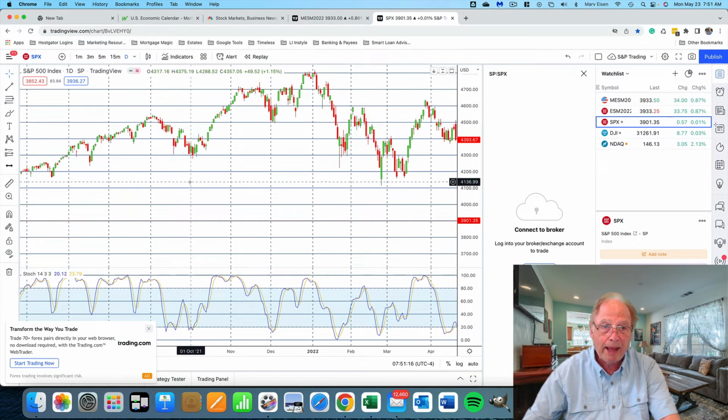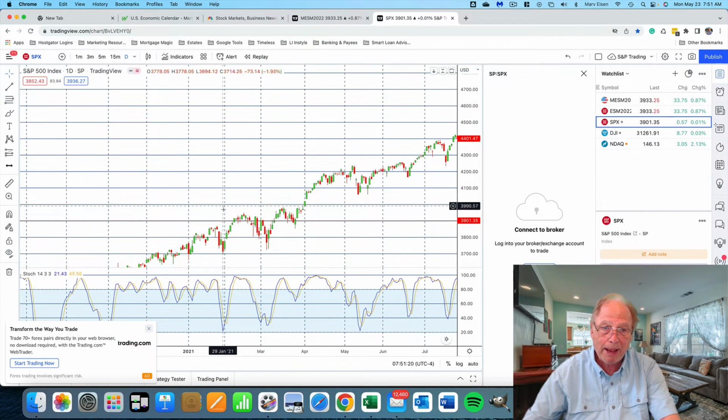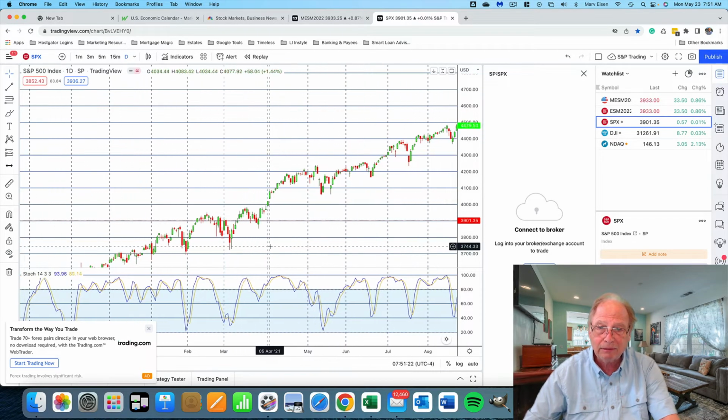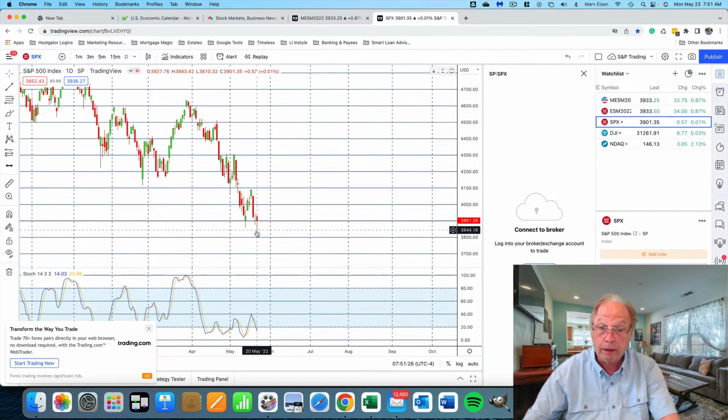But other than that, you have to go all the way back, and even then, I don't see a candle with the configuration of that. So this is a strong defense of the S&P by the bulls. So will that hold today? It's likely. This is a pretty strong defense, especially since the flags are all in the green today. So that is the one-day S&P.